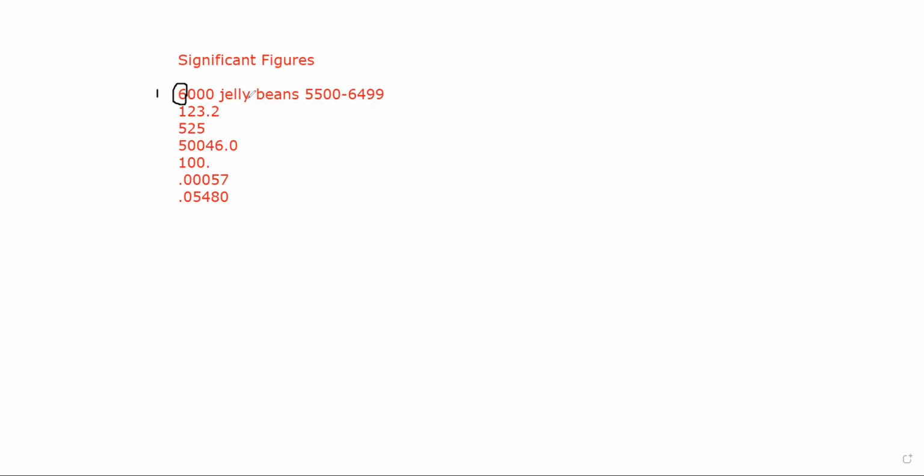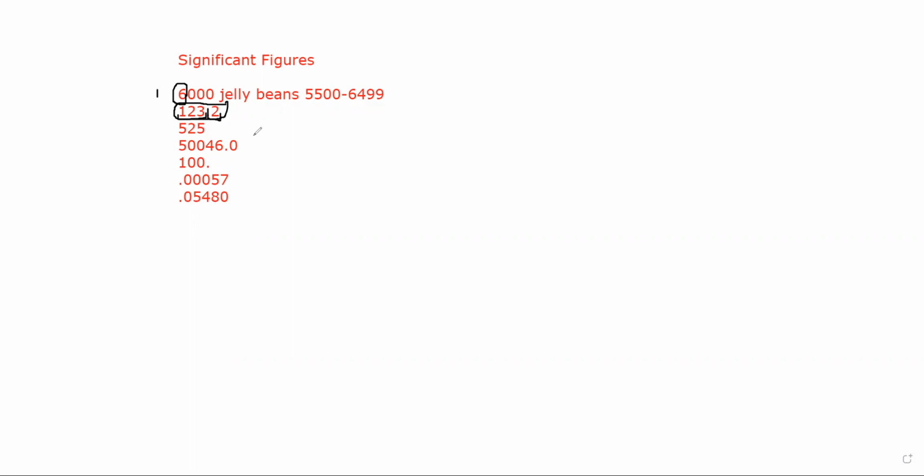Here, if I tell you I've got 123.2 of something, this is a measured value. That last one was exact, but it was rounded. So 123, that is exact, or that is measured. I know that there's 123. The 0.2, that is an estimate. But your significant figures include all of your measured digits and the first estimated digit.